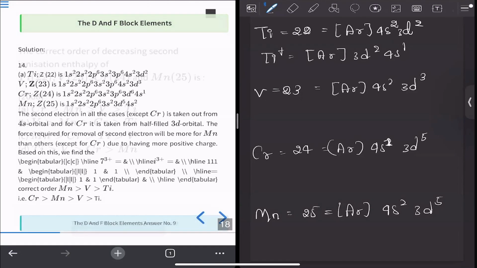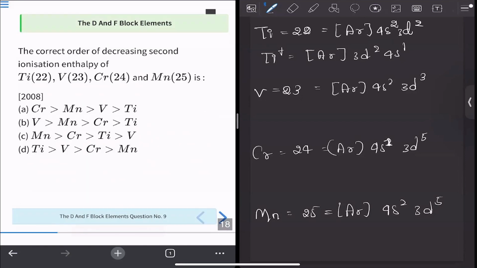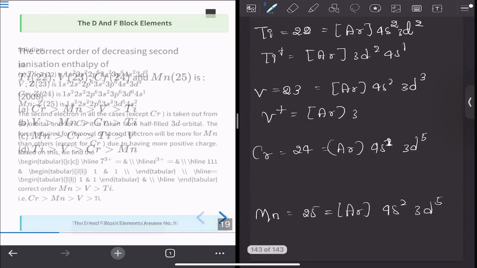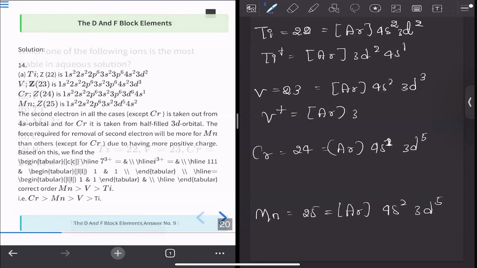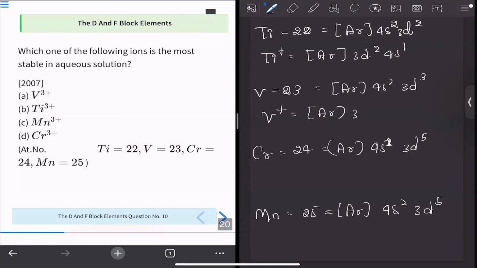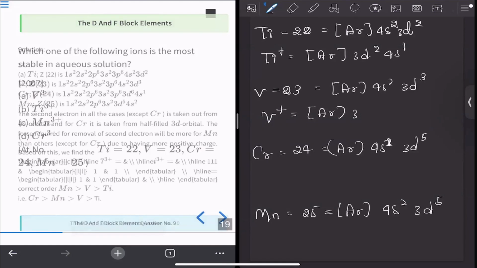If you consider vanadium⁺, it will be argon 3d³ 4s¹.